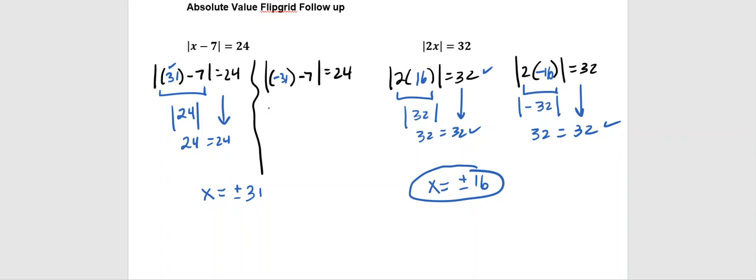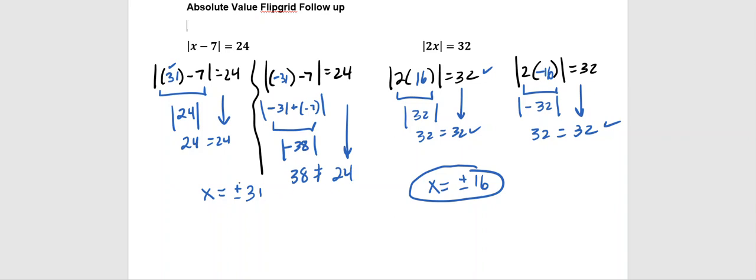That's really like saying negative 31 plus negative 7. So don't lose sight that we're finding the absolute value of that. If I add those two negatives together, I'm going to get negative 38, for which I'm going to find the absolute value. And that's going to turn into 38, which certainly does not equal 24.